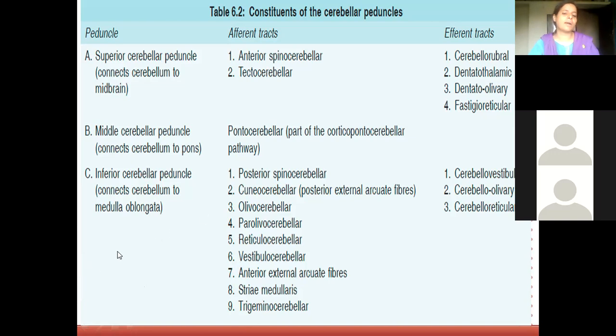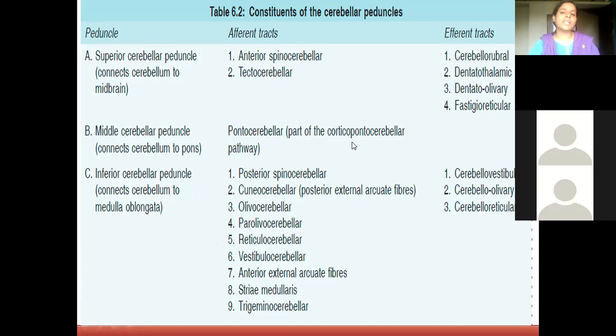P stands for afferent tracts like posterior spinocerebellar, olivocerebellar, paraolivocerebellar, cuneocerebellar, vestibulocerebellar, striae medullares, trigeminocerebellar, then anterior external arcuate fibers, reticulocerebellar. Based on the code, it becomes easy for you to recollect the things.